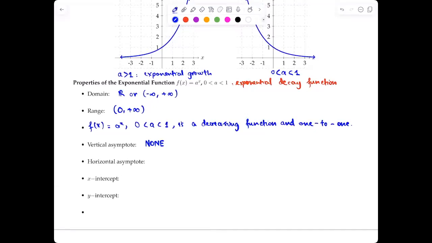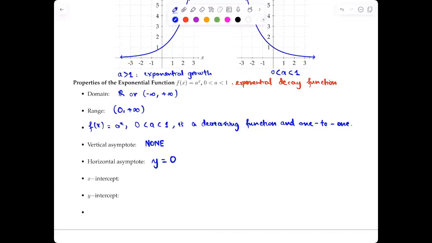There is a horizontal asymptote, which is y equal to 0. In this case, there's no x-intercept, but again, depends on the exponential functions of considerations.